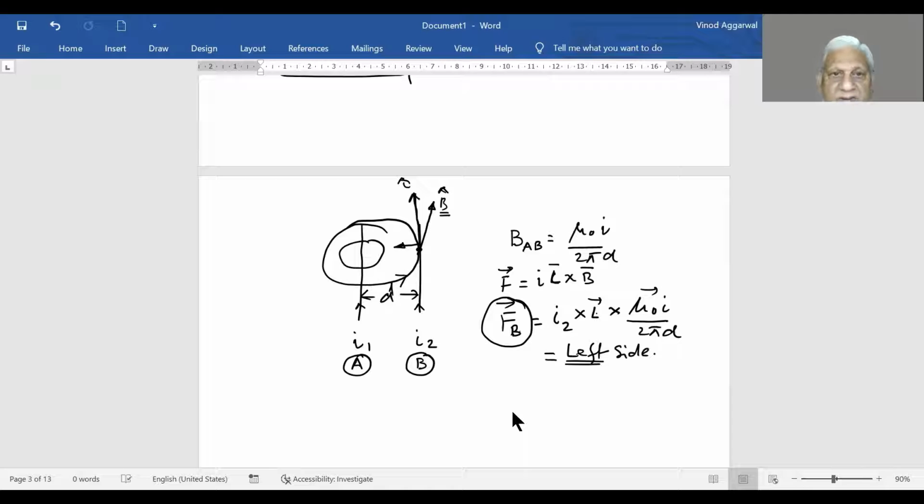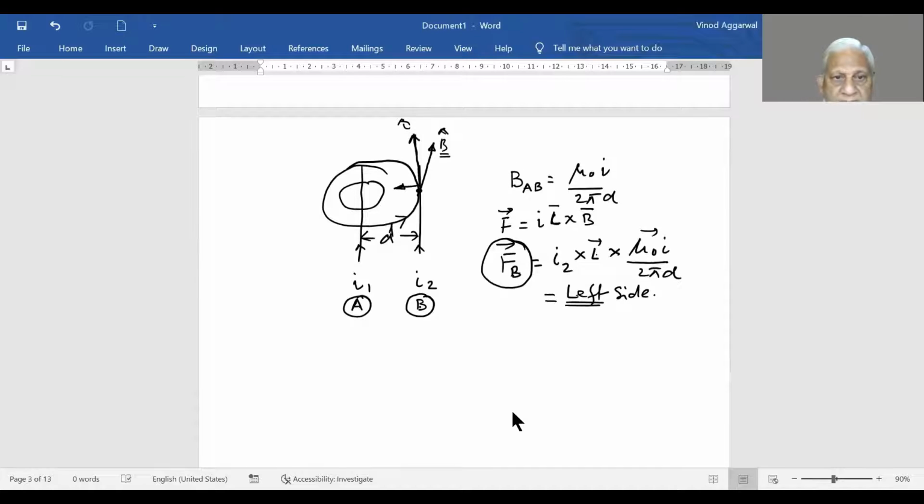Now, if we do the same treatment on the other conductor, because of I2, because of conductor B, let's draw another diagram. This is A, this is B. Both currents I1, I2 are in the same direction. This will create a field like this.